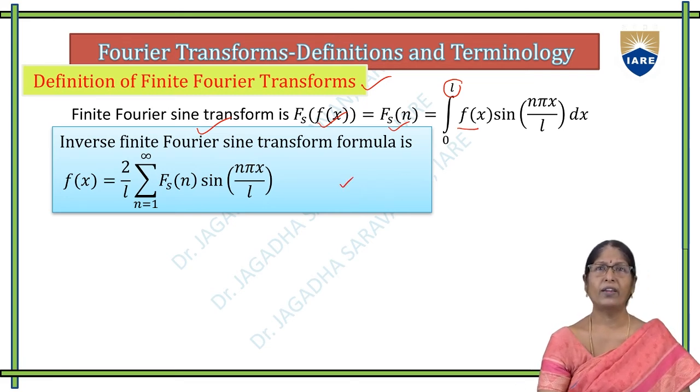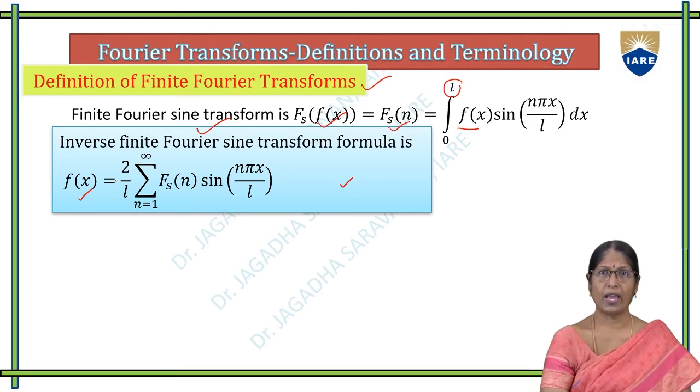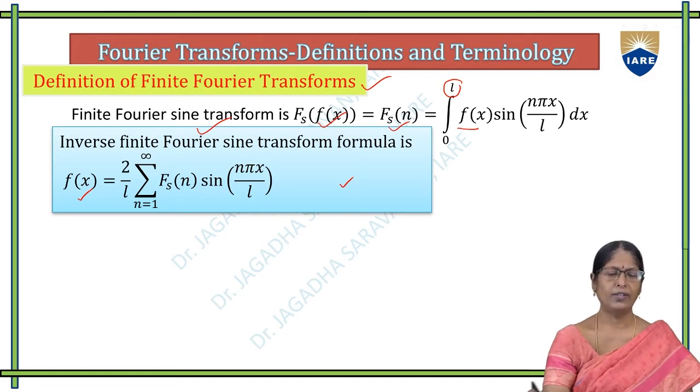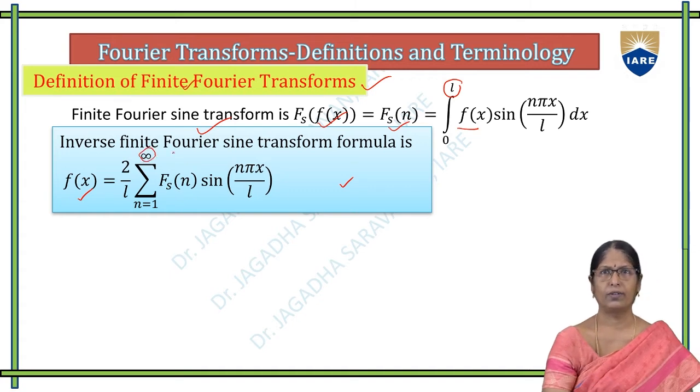The inverse finite Fourier sine transform formula is f of x equal to 2 by L summation from n equal to 1 to infinity. Immediately, when we are telling the formula itself is finite, then why is infinity playing a role?